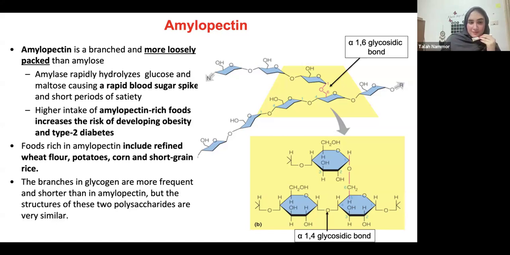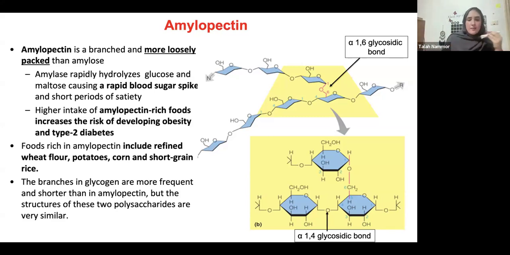So when you break down amylopectin, it causes a rapid release of glucose into the blood. So we're going to have this sugar spike.